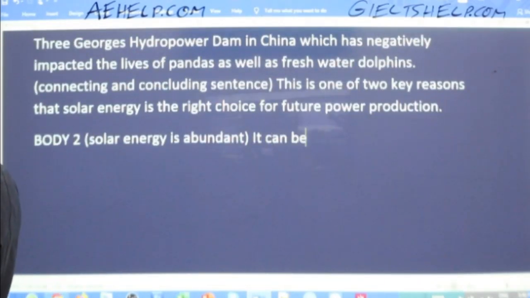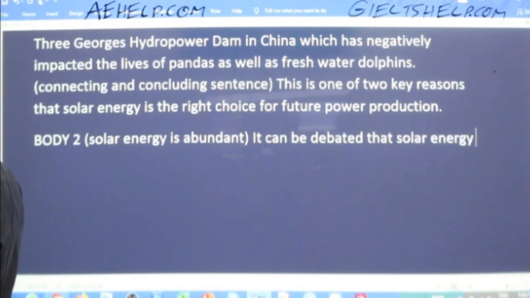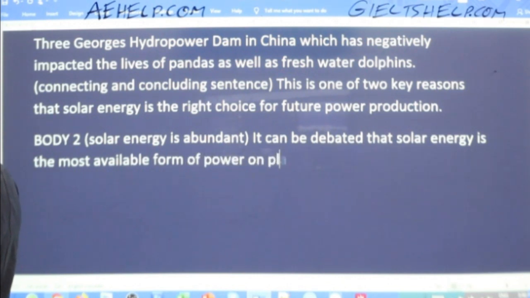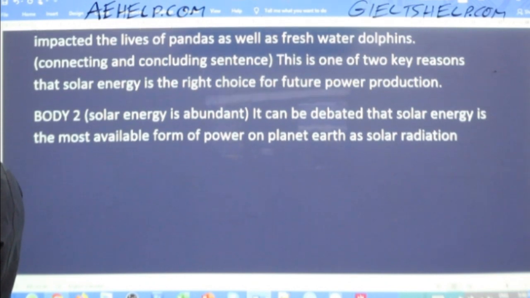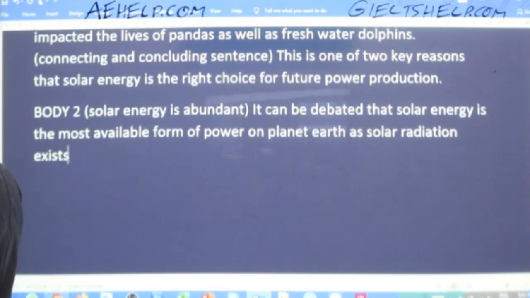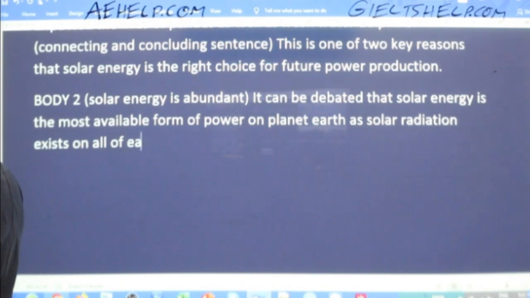It can be debated that solar energy is the most available form of power on planet Earth, as solar radiation exists on all of Earth's surface.